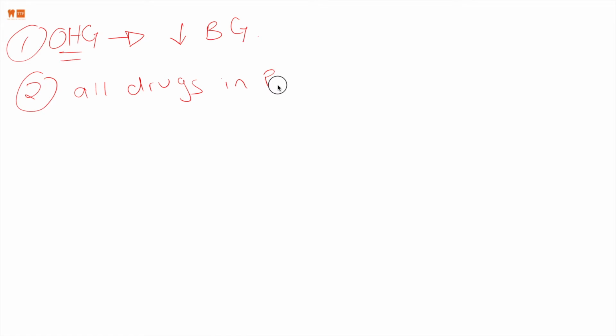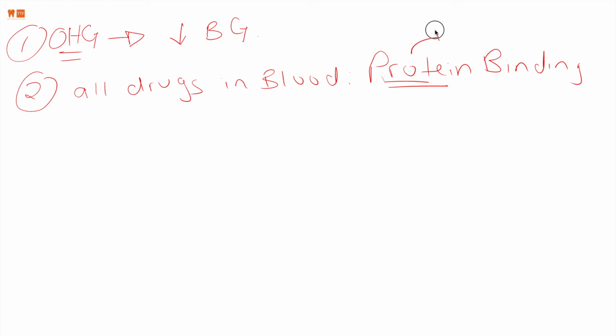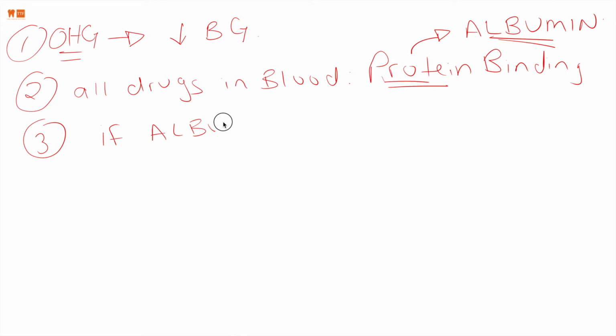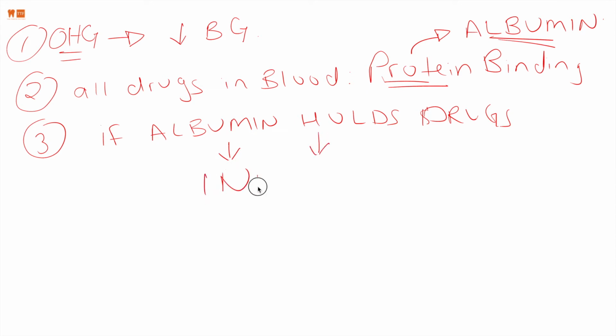Second, it is important that we know that all drugs in blood go through what is called protein binding. And that protein that we talk about is albumin. Albumin likes to hold on to the drugs. Now, the important point is step 3, that if albumin holds on to the drug, then the drug is an inactive drug.